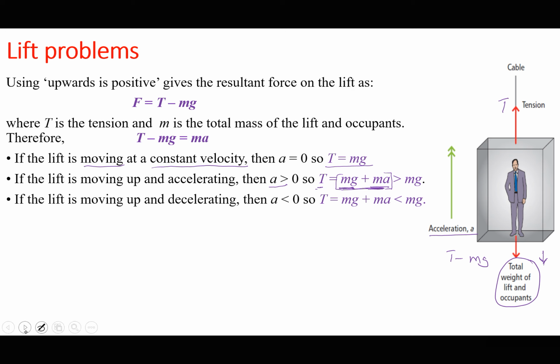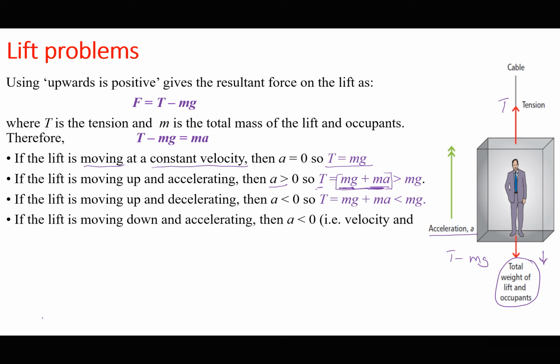And if the lift is moving down, let's assume it was moving down and accelerating. Of course, if it is moving down and accelerating, the acceleration and the direction of motion are going to be the same. That is, velocity and acceleration are both downwards and therefore negative, assuming upwards was positive.